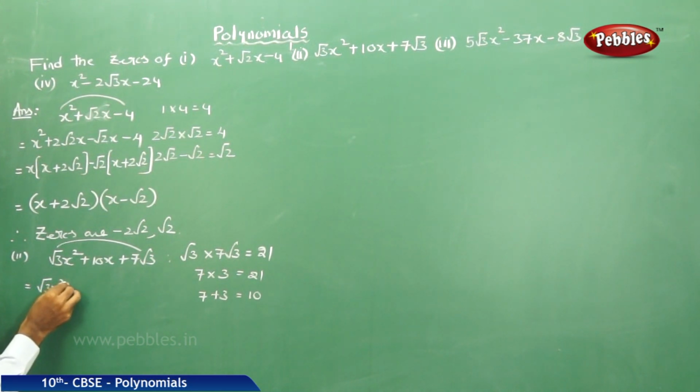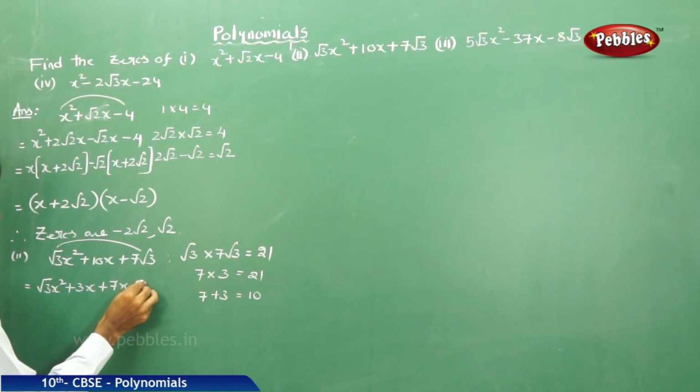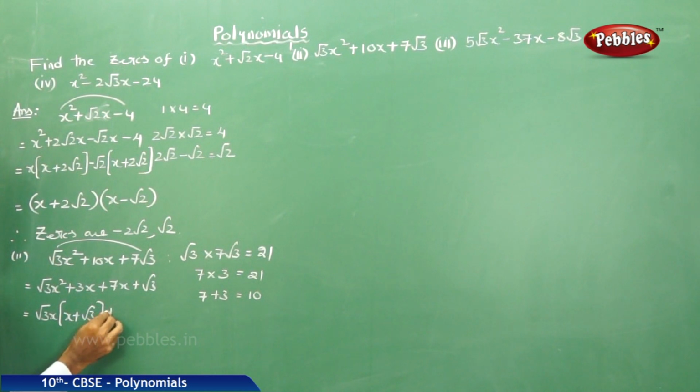Root 3 x square plus 3x plus 7x plus root 3. That is equal to, from these two parts I want to take root 3x common. If I take root 3x common, the left part is x plus root 3, plus, from these two I want to take 7 as the common.